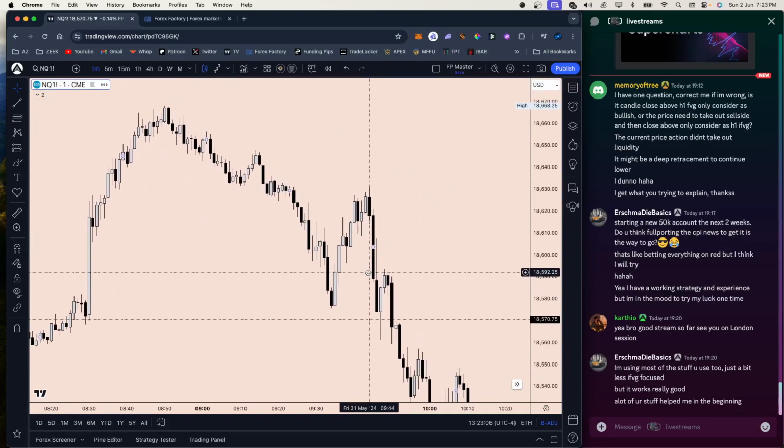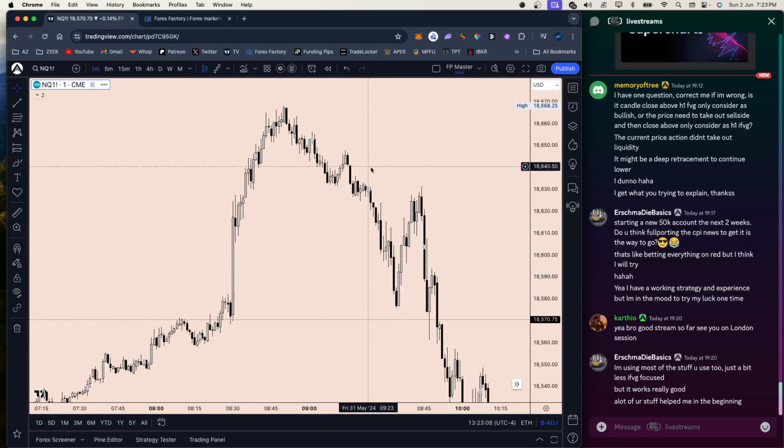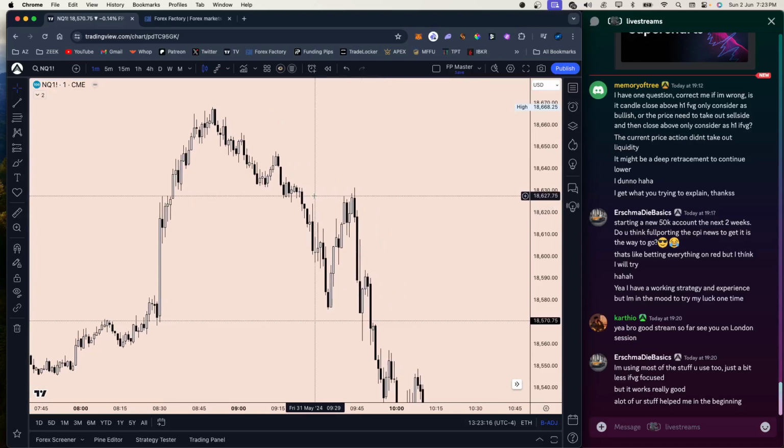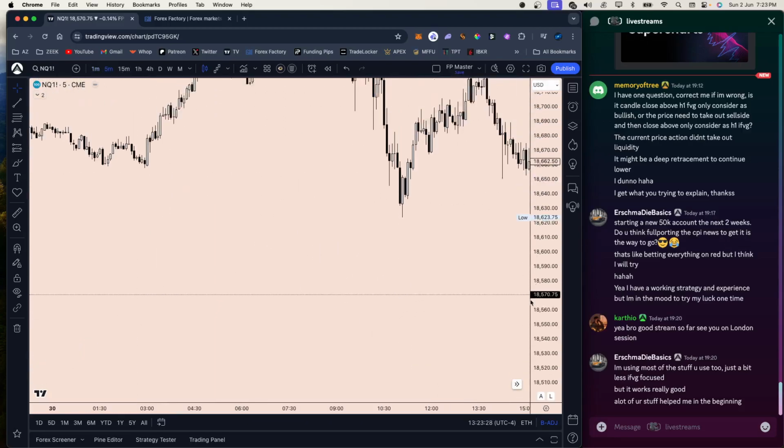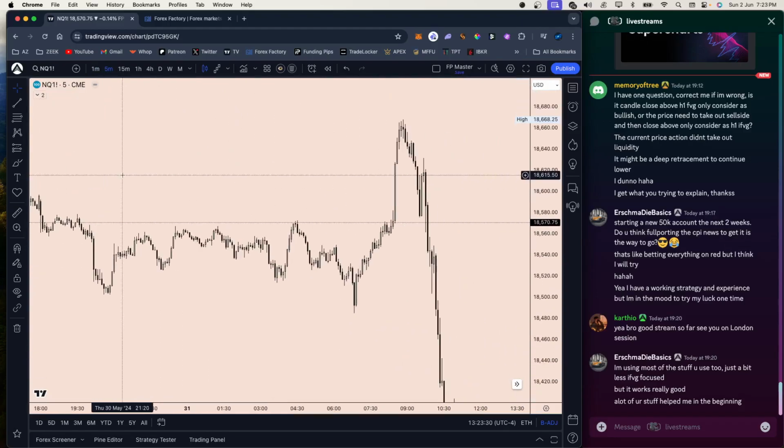Let me see. 1 hour time frame, we retraced, 9:30 opened up. We inverted all these fair value gaps, and I think we just targeted... I don't really remember, to be honest. That's not the point I tried to make anyway.